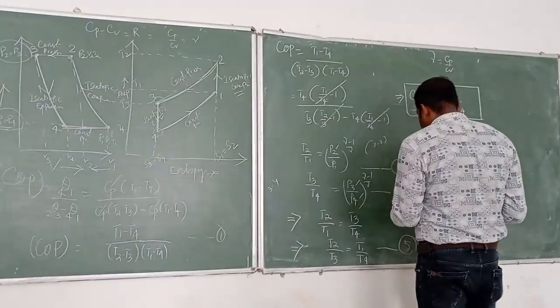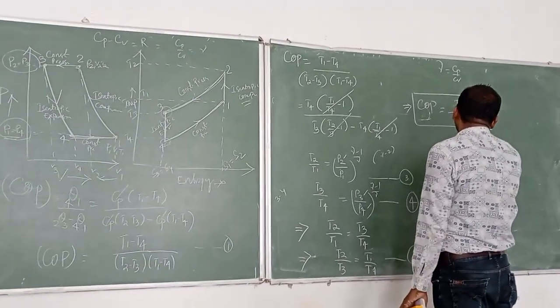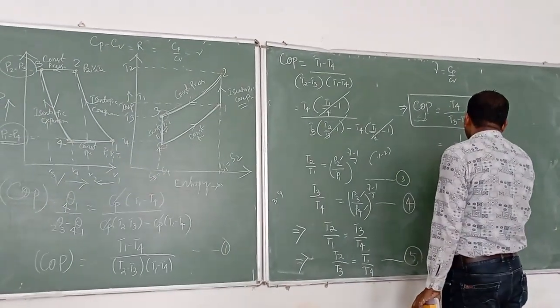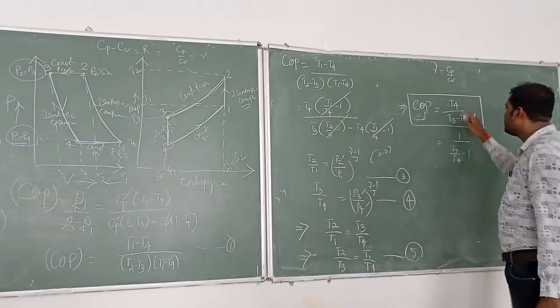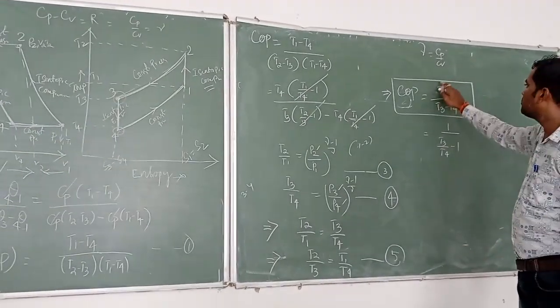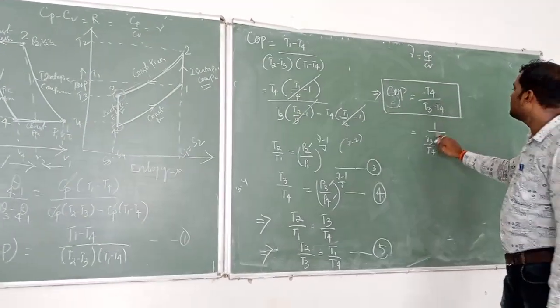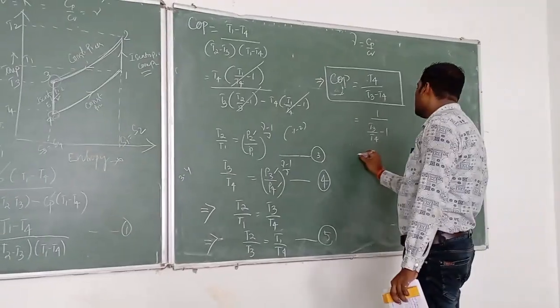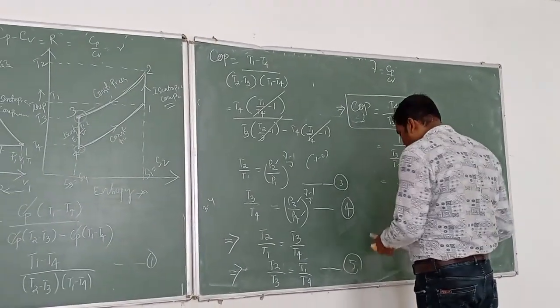और इस इक्वेशन को हम ऐसे भी लिख सकते हैं, COP इक्वल्स टू 1 by (T3 by T4 minus 1). ये T4 कॉमन ले लेंगे, T4 ऊपर T4 नीचे करेंगे। 1 by (T3 by T4 minus 1) और इक्वल्स टू ये भी लिख सकते हैं 1 by (T3 by T4).